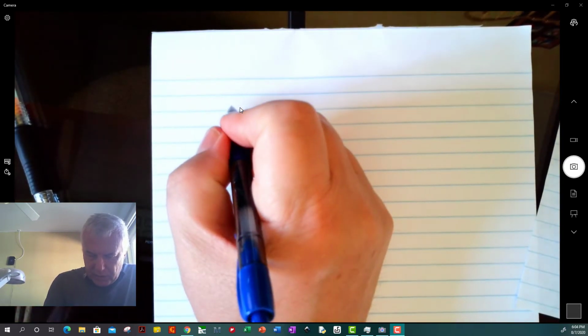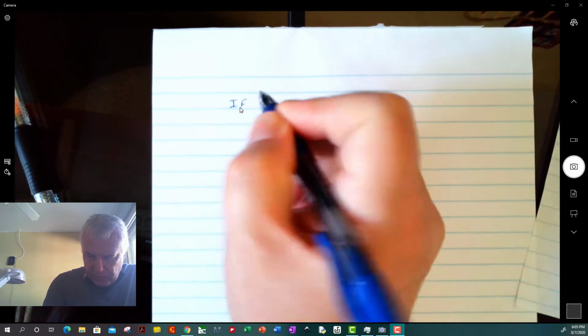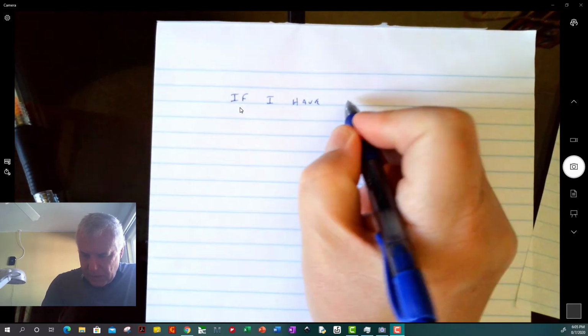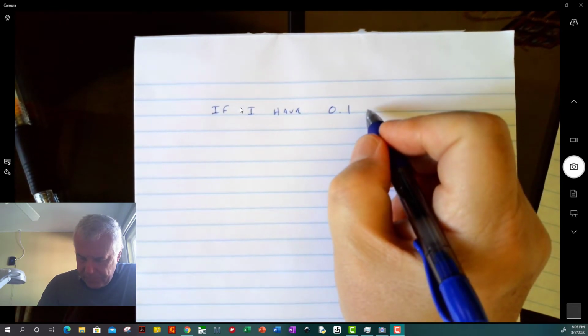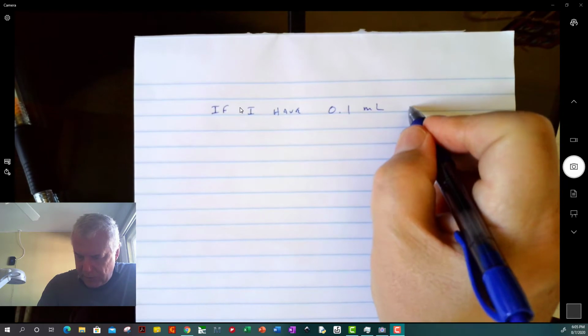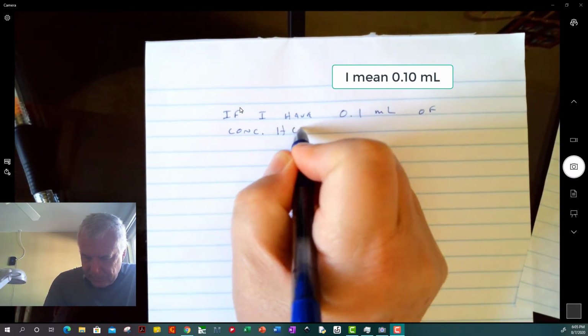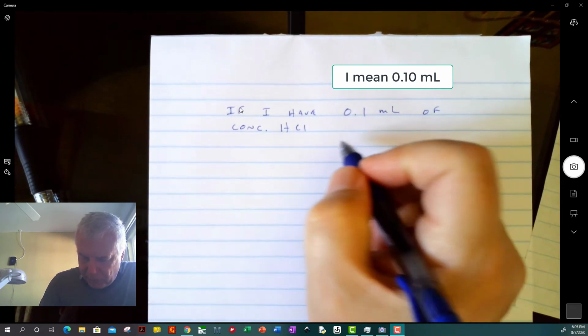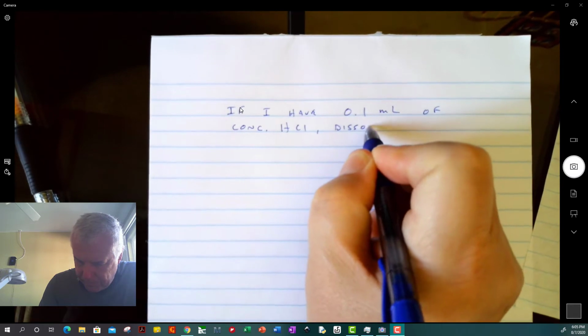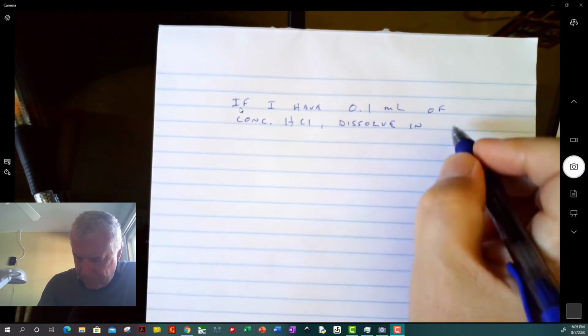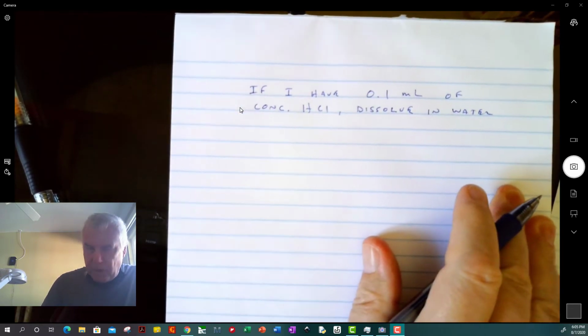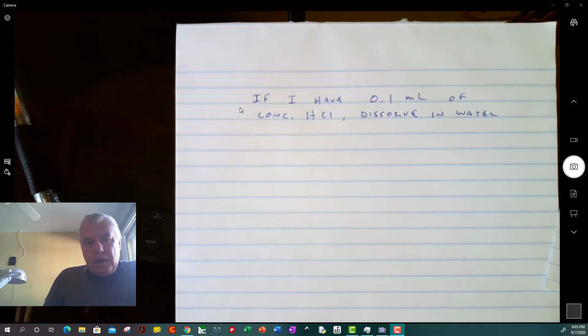Example of a strong acid calculation: if I have 0.1 milliliters of concentrated HCl, and I dissolve that in 10 milliliters of water, and by that I mean specifically that you're going to take this 0.1 mL and add enough water such that the total solution volume is 10 mL. So you add water until it's 10 mL.